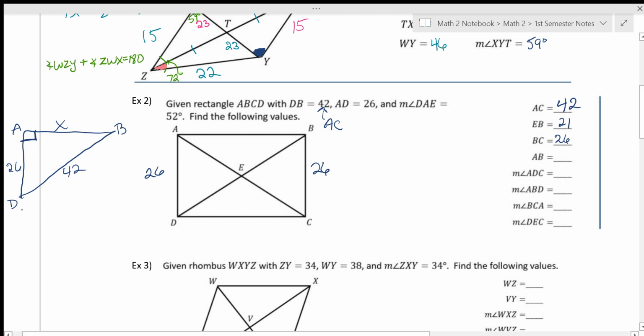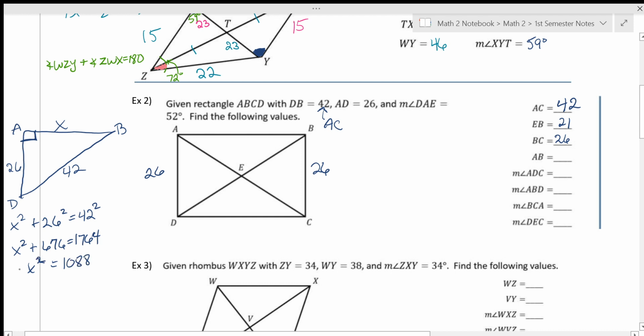Pythagorean theorem is a squared plus b squared equals c squared. So x squared, what I'm trying to find, plus 26 squared, which is 676, equals 42 squared, 1764. Then I subtract 676 from both sides. I have x squared equals 1088.